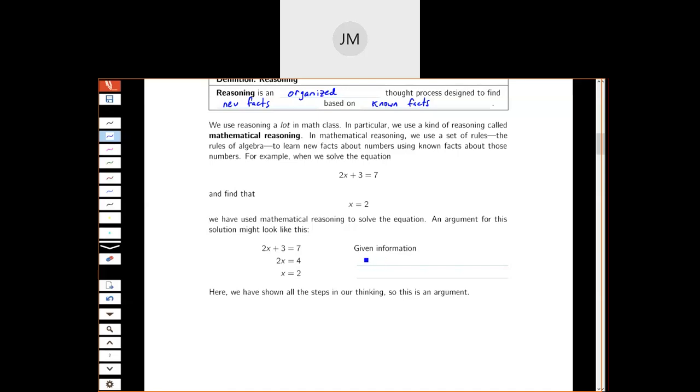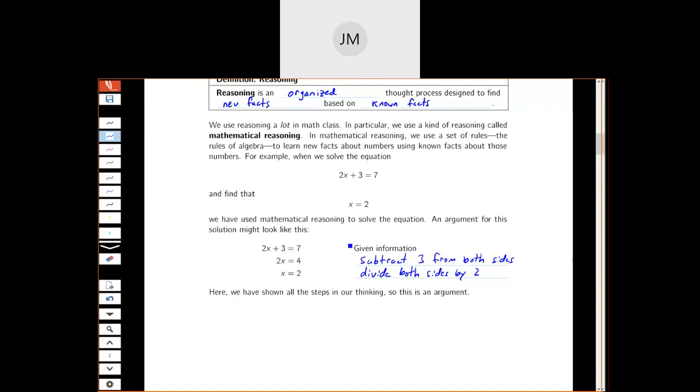I'm going to subtract 3 from both sides. Part of my rules of algebra, or my mathematical reasoning, is that if I subtract a quantity from both sides of an equation, I get an equivalent equation. I get another true statement. So then I end up with 2x equals 4, and then if I divide both sides by 2, I can see that x equals 2.